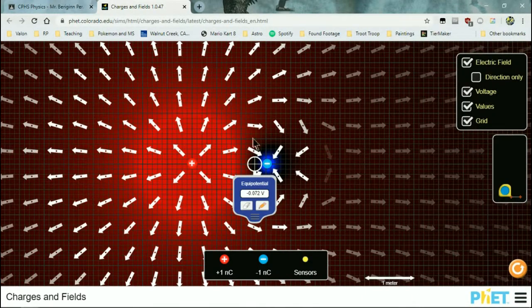So you can have the voltage be 0 between a positive and a negative charge, even though the field is never 0 between a positive and negative charge. That's something to keep in mind. Also notice the voltage does relate to the field, because where the blue is showing you that the voltage is negative, the field is also pointing in towards there.